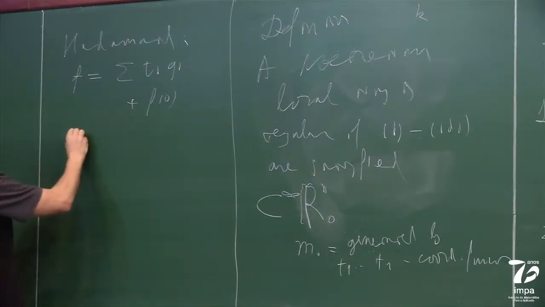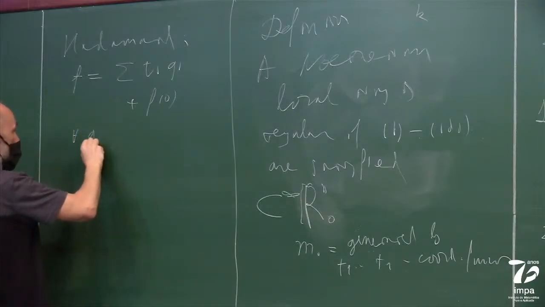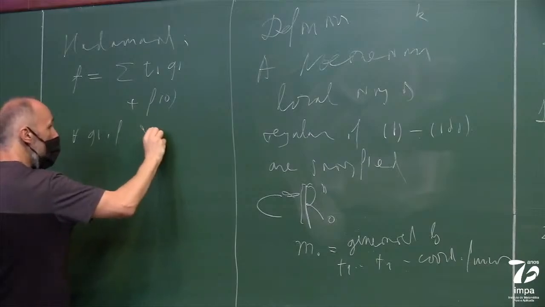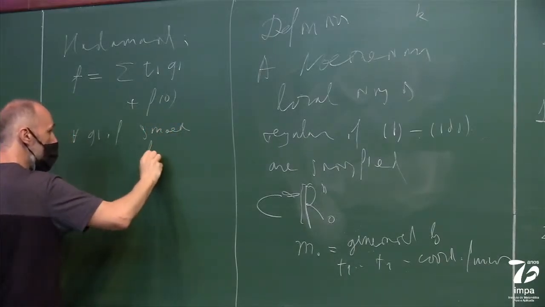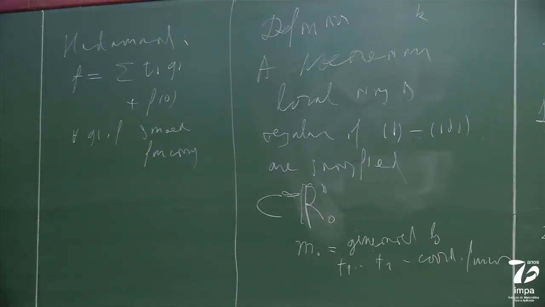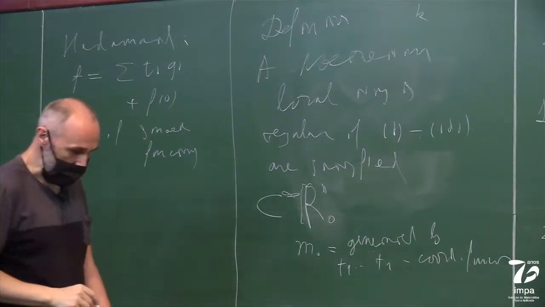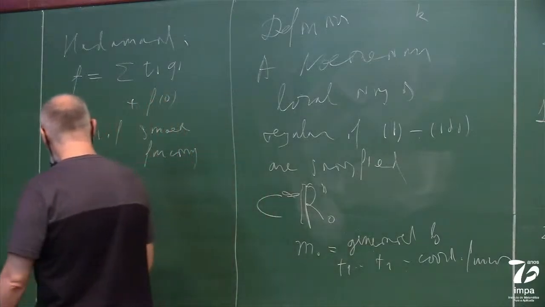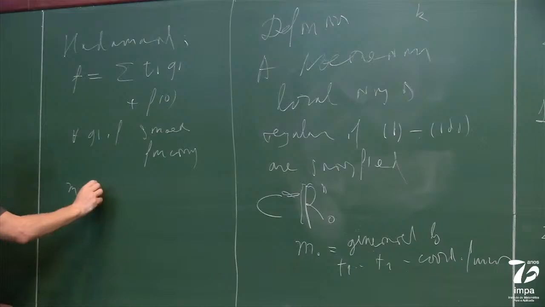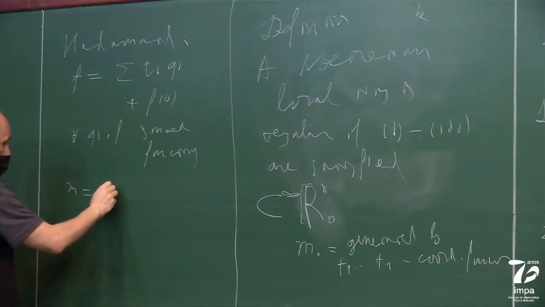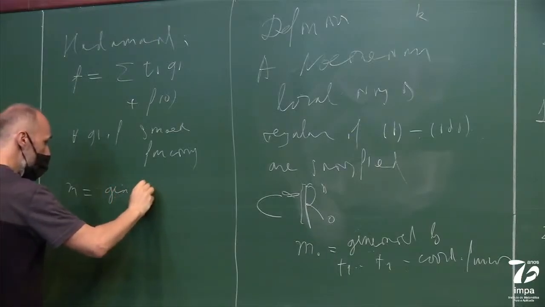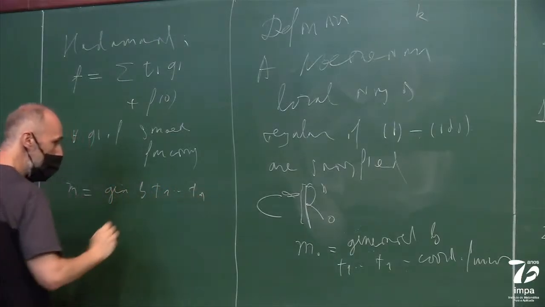It's for all smooth functions, so gi and f are smooth functions. So this means that our ideal M of C infinity is generated by T1, ..., Tn. Okay.